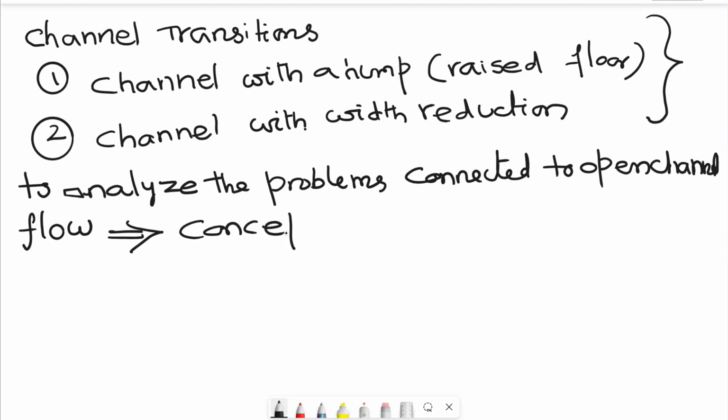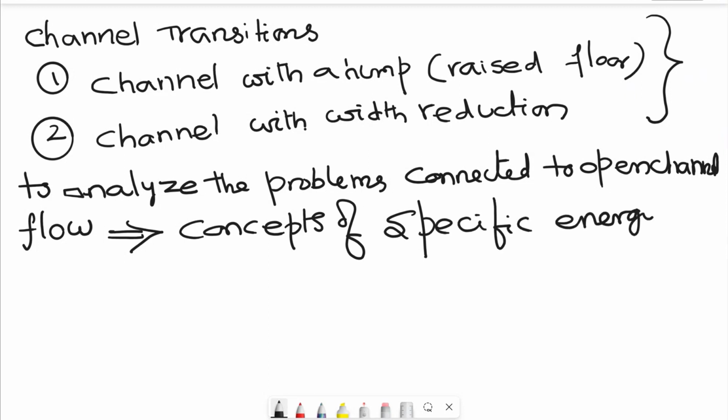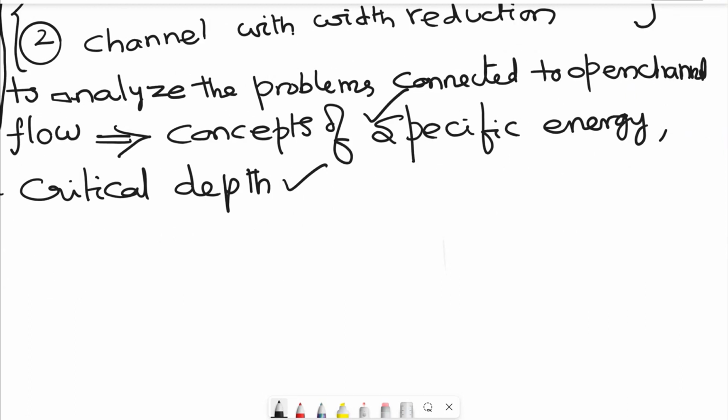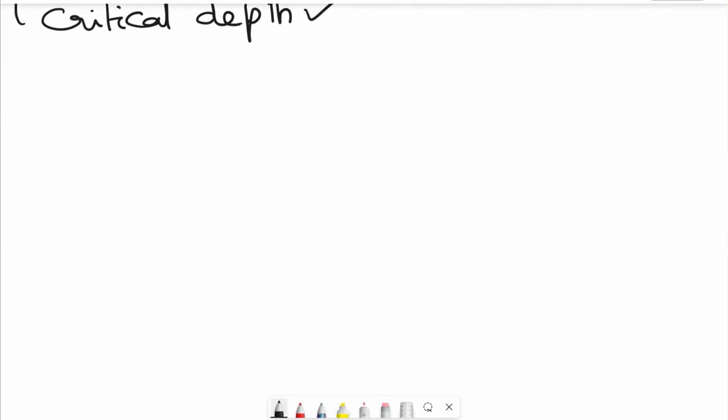We use the concepts of number one, specific energy, and number two, critical depth. These are the two concepts we will use, specific energy and critical depth, to solve any problem related to these two. So let us first start with a channel with a hump.